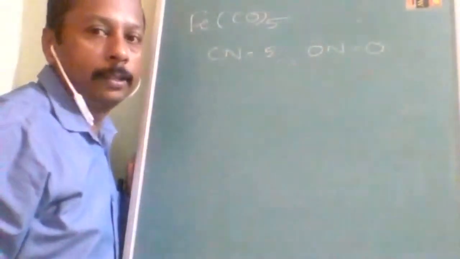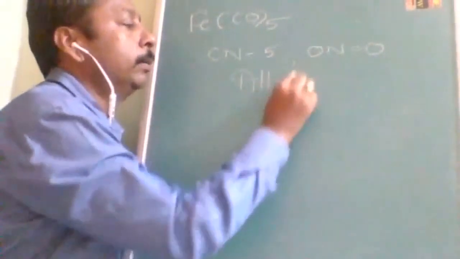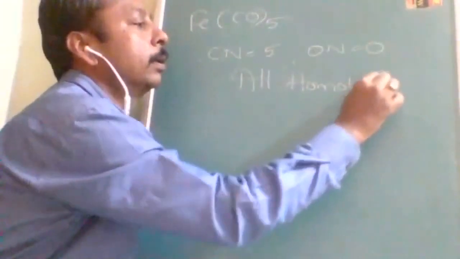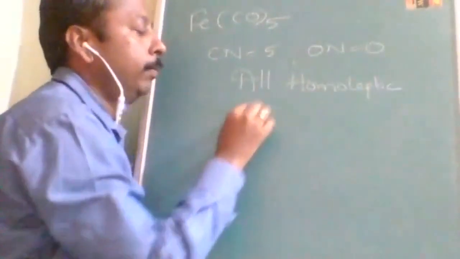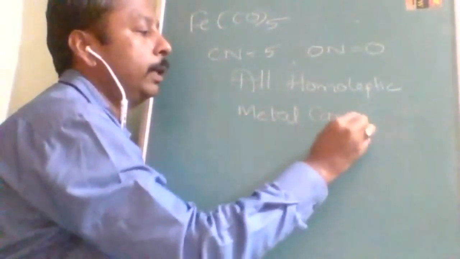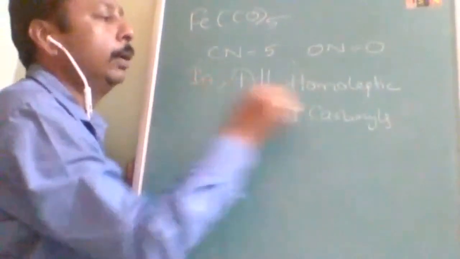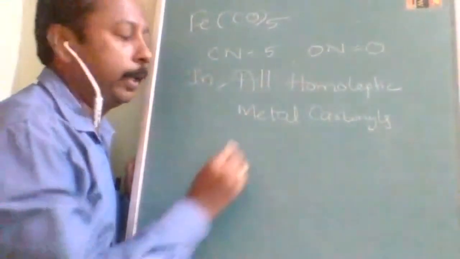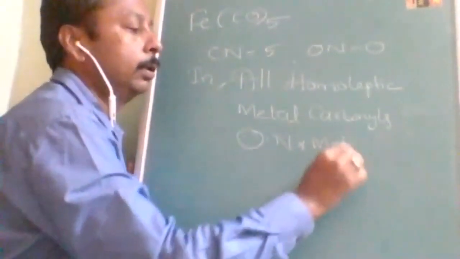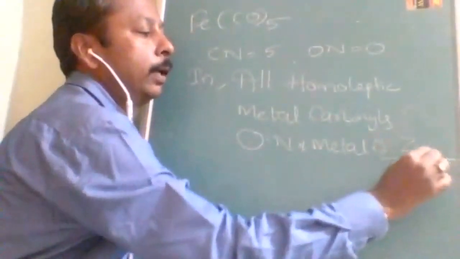So there is a technique to remember. In all homoleptic metal carbonyls, the oxidation number of the metal is nothing other than 0.